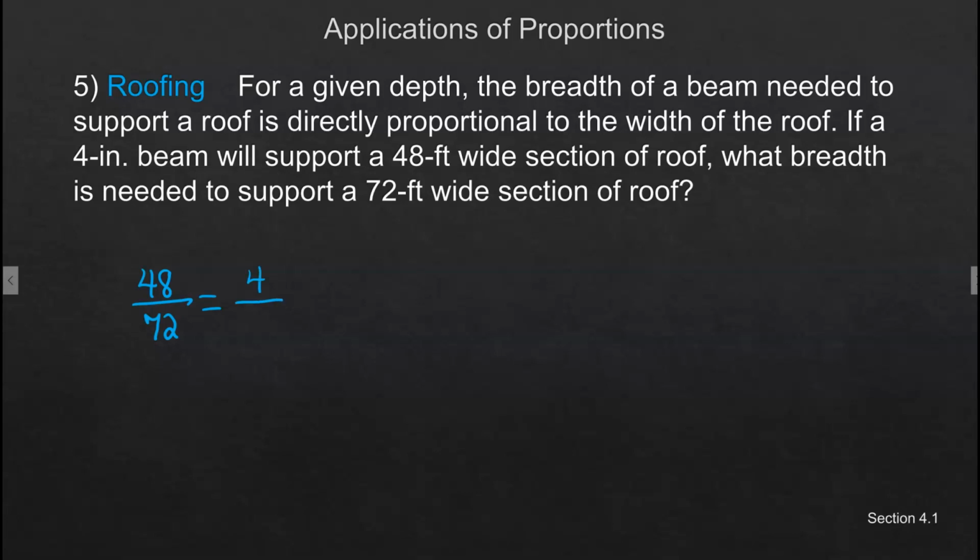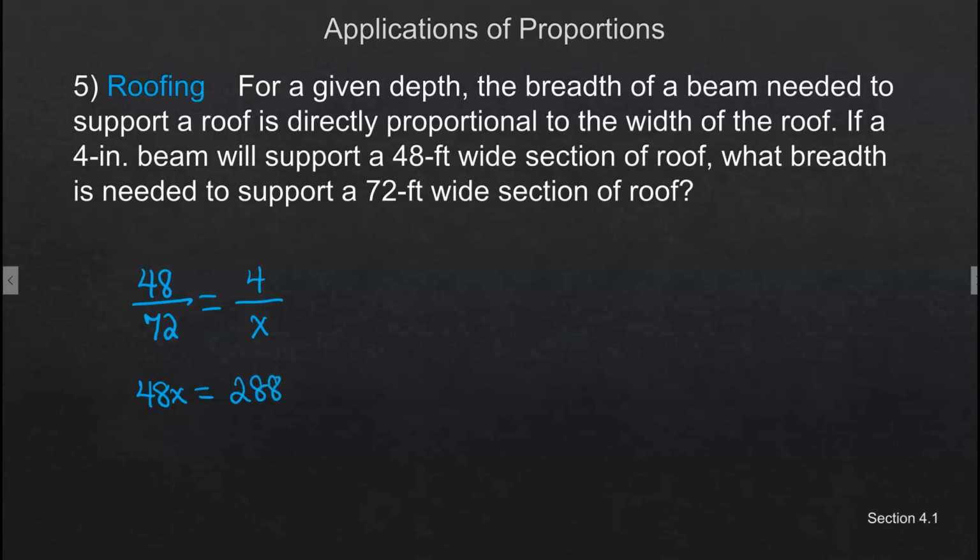So we're going to put that in the numerator, right? Because it's going to be across from that 48. And then we're looking for how many inches the beam will be to support the 72 feet. Once again, we cross multiply, so we're going to have 48 times x and 72 times 4, which is 288.